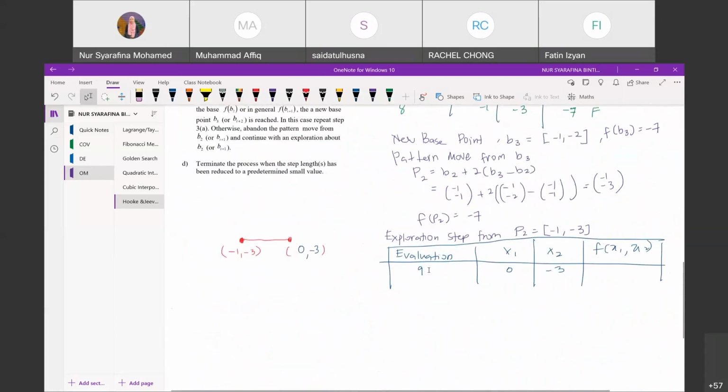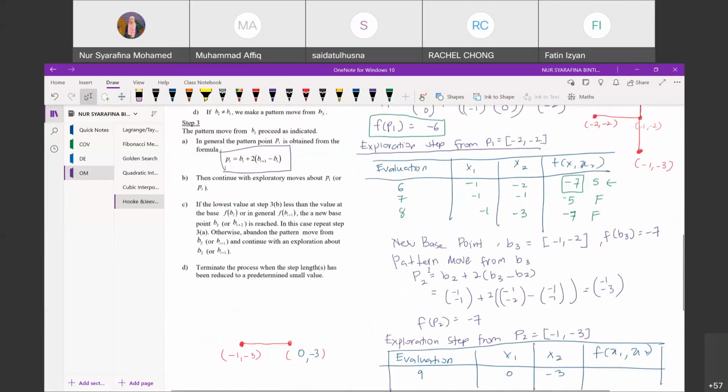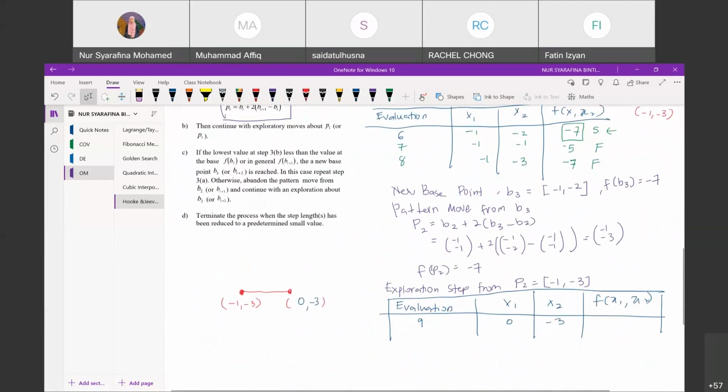So now, what is your new point? The function value is 0. All right, compared with FP2 here, which is -7, this is considered as failure, right? Okay, so next, if fail, then again we move to the left.